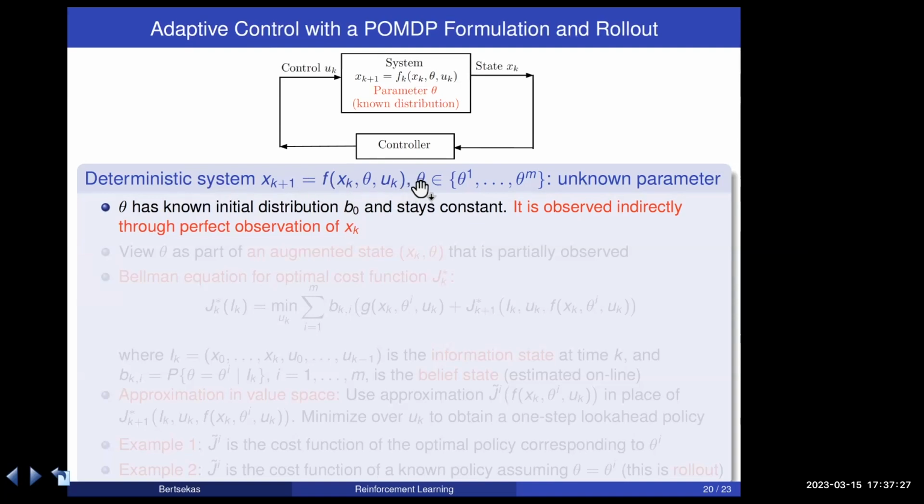I'm going to assume also that theta, the unknown parameter vector, takes 1 out of m values. In other words, the parameter space is already discretized, and there are m values. We just don't know what is the value. And we assume that theta has a known initial distribution over the m possibilities and stays constant, doesn't change.